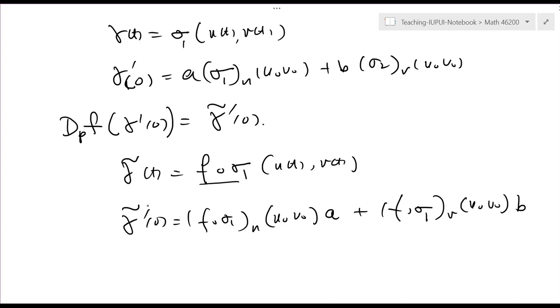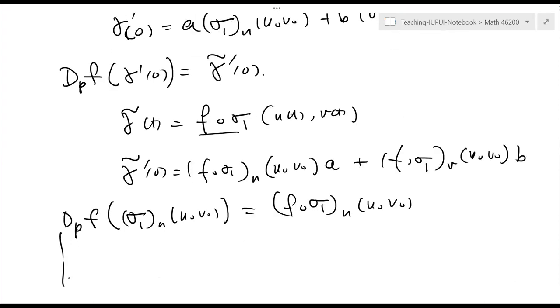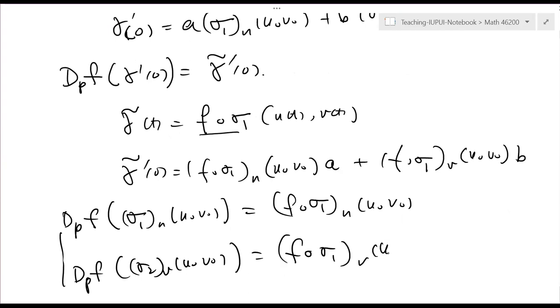So this linear map sends this vector to this vector. And as long as you know the image of the basis, right, okay.